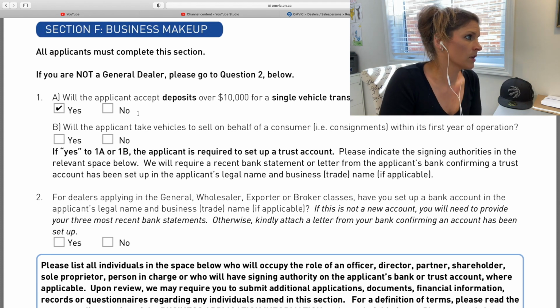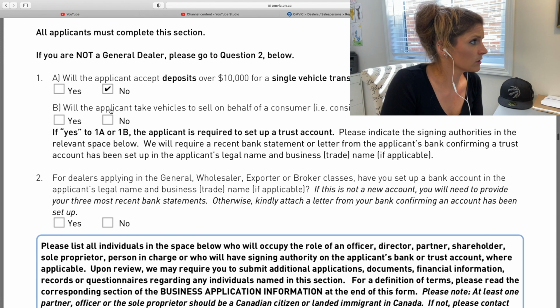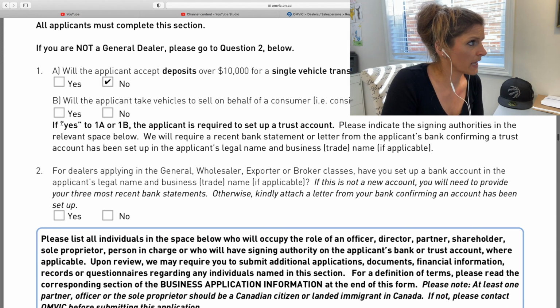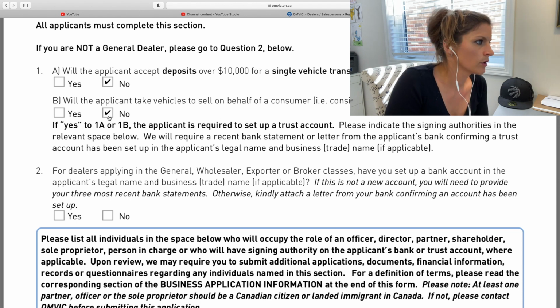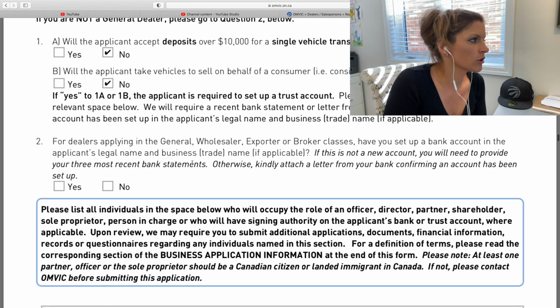So no, we're not. And will the applicant take vehicles to sell on behalf of a consumer? That's called consignment sale, within its first year of operation. So no, we're not going to do that.